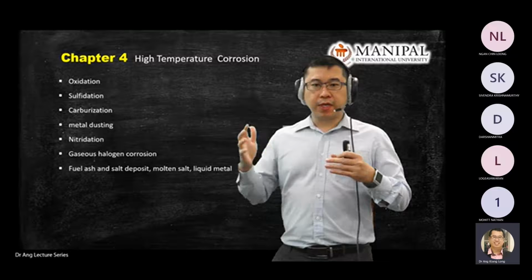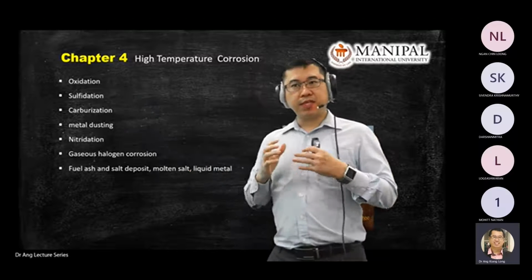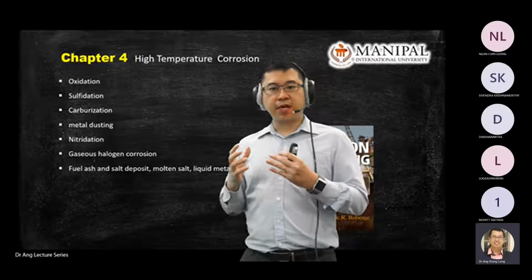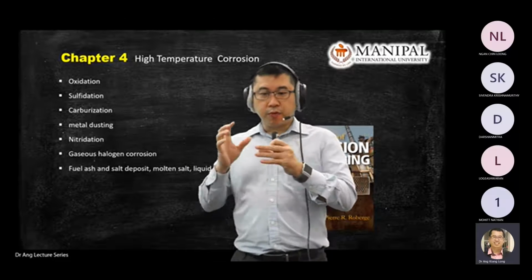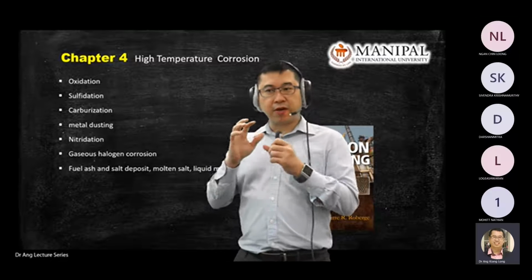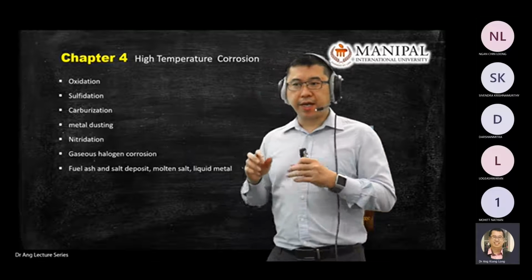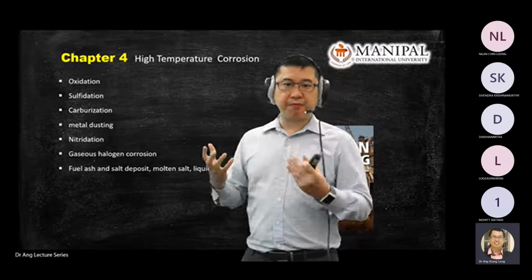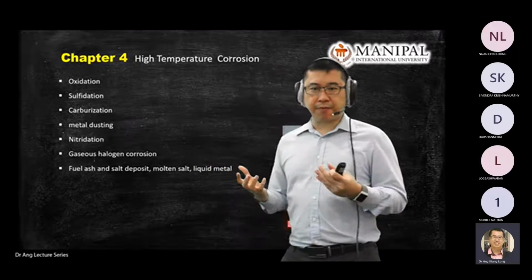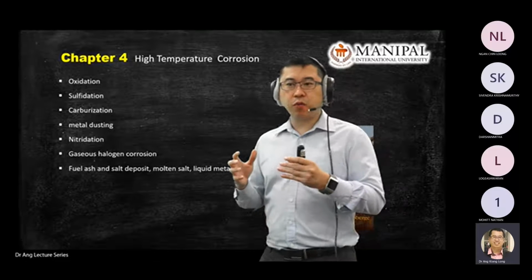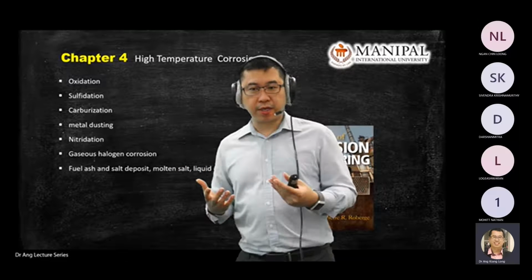When you look at, for example, oxidation later, you always ask yourself, what is involved in oxidation? And then we talk about the element. What can all these elements do to the corrosion? And then where does this element come from? And how do we control it in the industry?